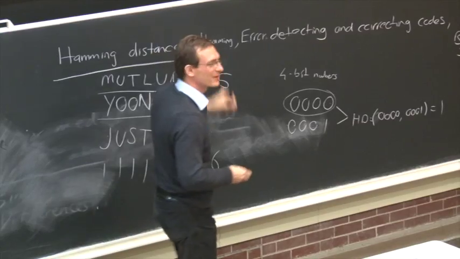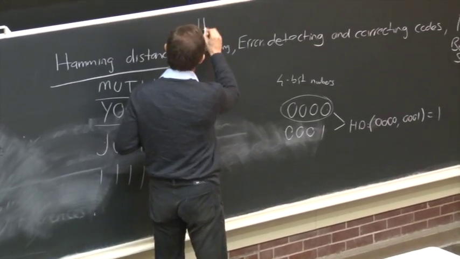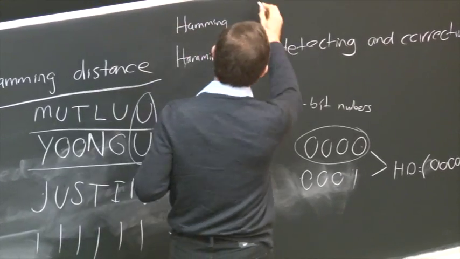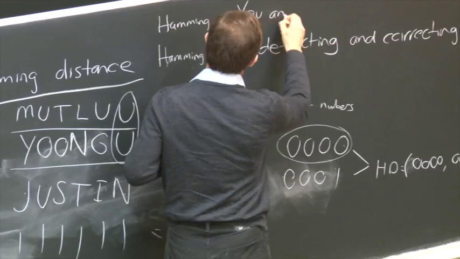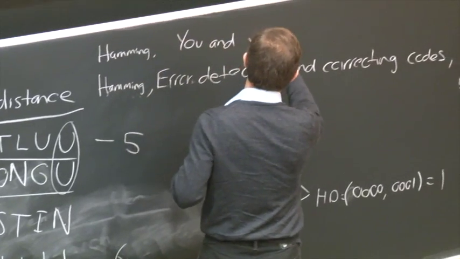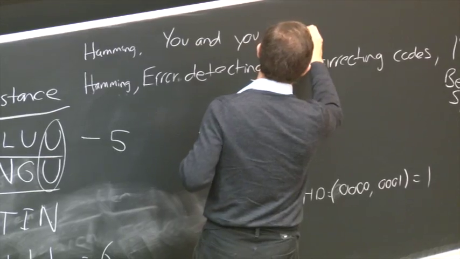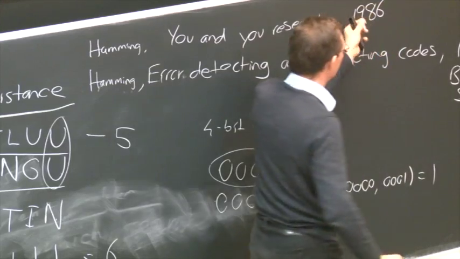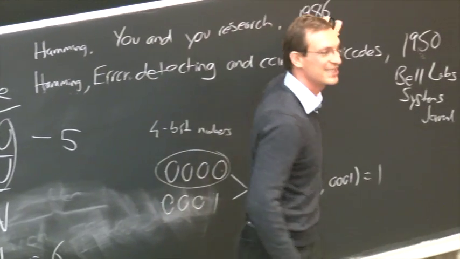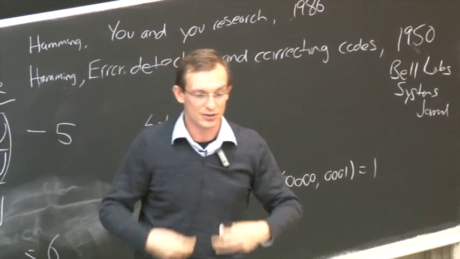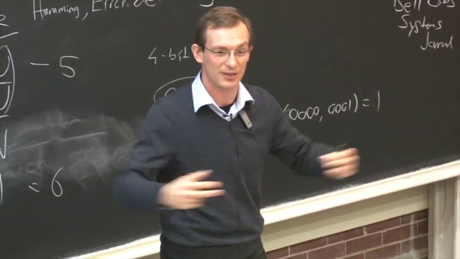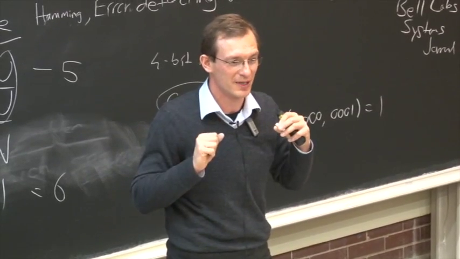Actually, while we're on the subject of Hamming, I'd recommend one more thing. Hamming has given an address called You and Your Research. And I know not all of you do research, but I would highly recommend this reading. He gave a talk in Bell Labs after he retired in 1986 and talked about his experiences in doing research and how a researcher should look at research from his point of view.